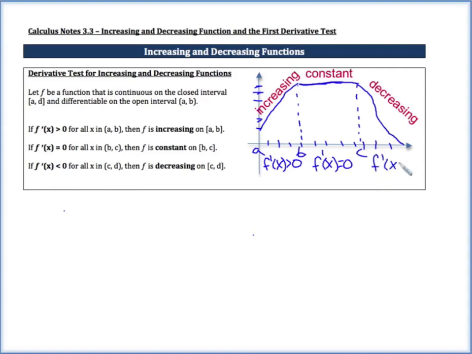So if f prime of x is less than 0, now we have a decreasing function on the interval. Now we can also think about something greater than 0 is positive, this equals 0, and then something less than 0 is negative. Okay, so this is our test to determine where a function is increasing or decreasing.